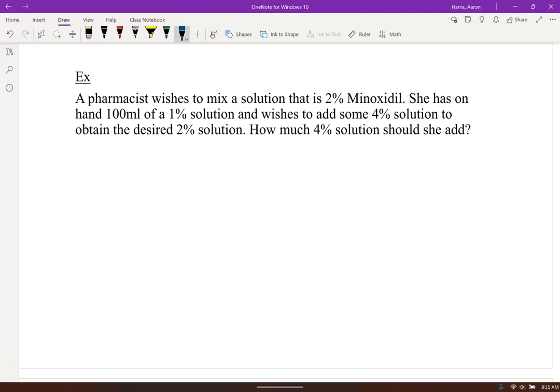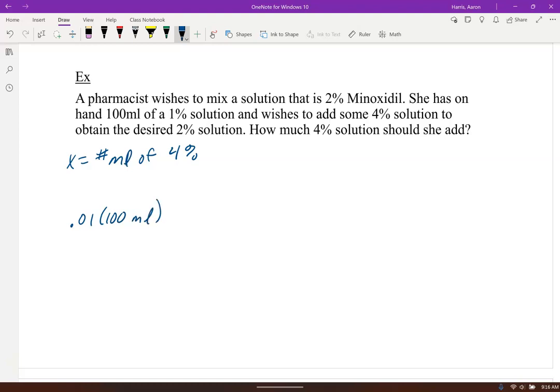So what we're going to do is let X be the number of milliliters of the 4% solution that we need. So right now, let's make what she has. She has 1% of 100 milliliters.